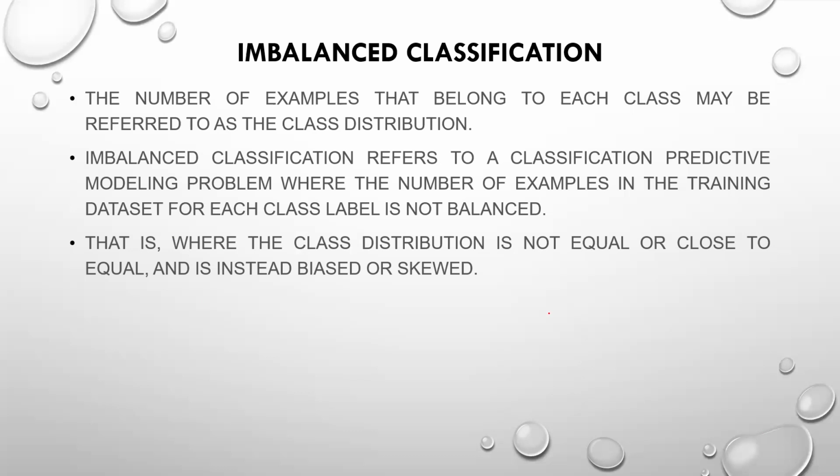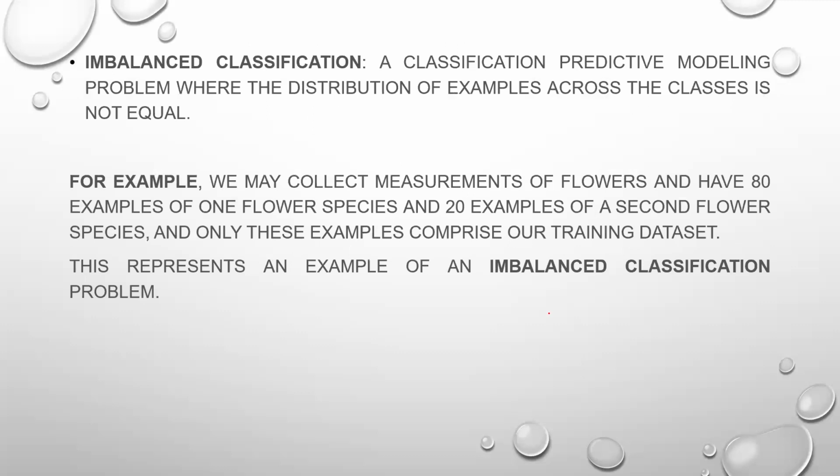If it is not balanced, then we say it is an imbalanced classification, that is, the class distribution is not equal or close to equal and is instead biased or skewed. Suppose we are working with flowers and we have collected measurements of 100 flowers of two different types.